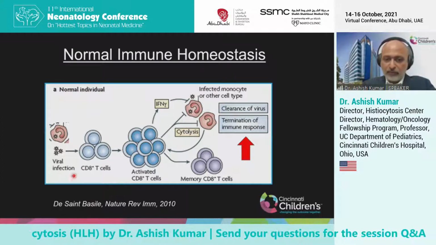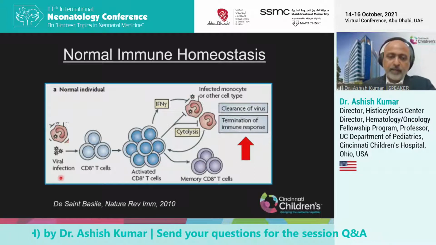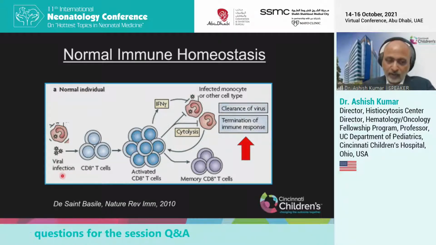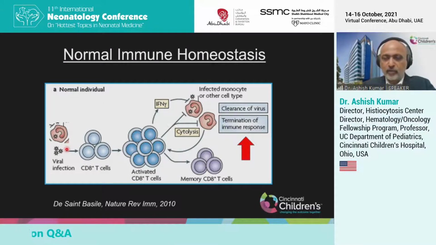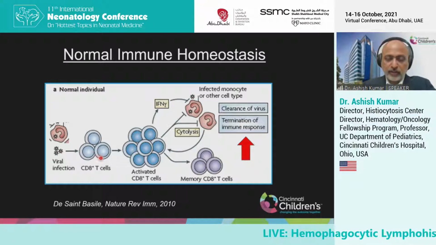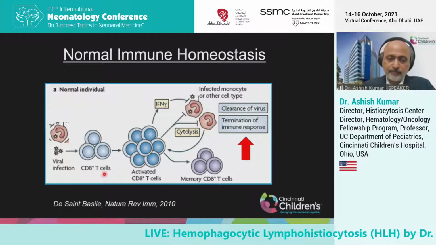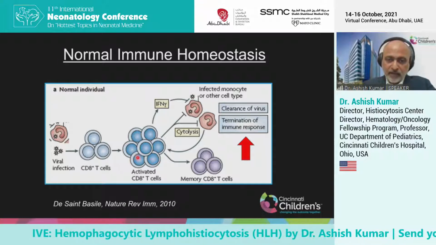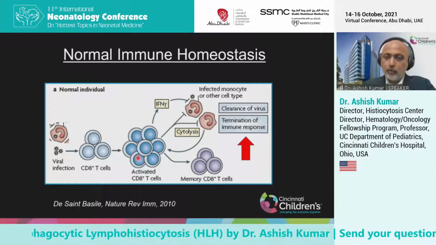So if we go from left to right in this diagram, if there is an invasion or abnormal activity in our body, such as a viral infection, the antigen or the first cells that encounter it, neutrophils or macrophages or any other type of cell, they present this antigen to cytotoxic lymphocytes, shown here as CD8 T cells as an example. In response to this activation, the T cells will expand, they will become activated, and they do 2 things.